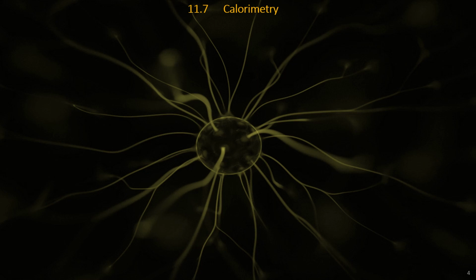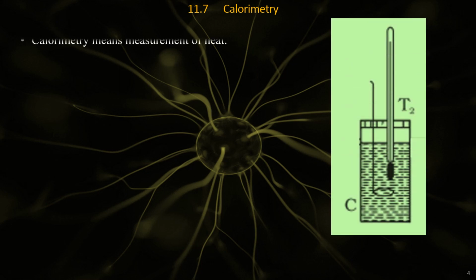The heat lost by the part at higher temperature is equal to the heat gained by the part at lower temperature. Calorimetry means measurement of heat.